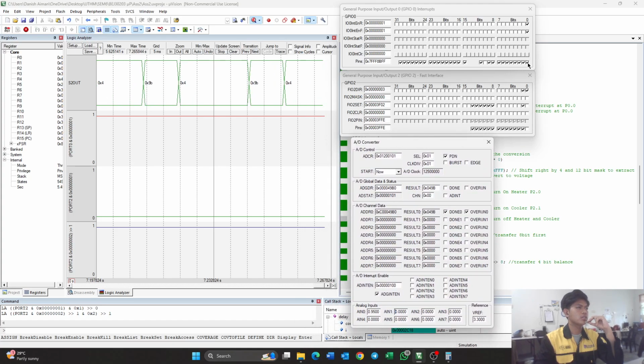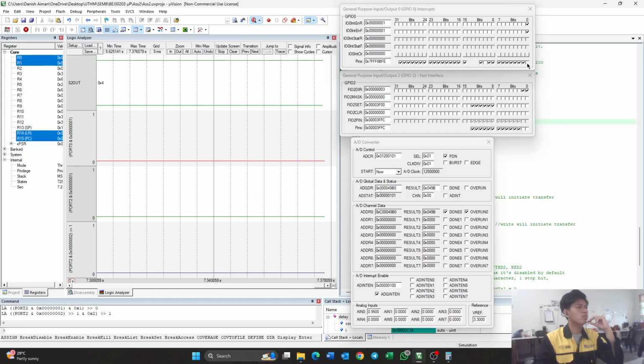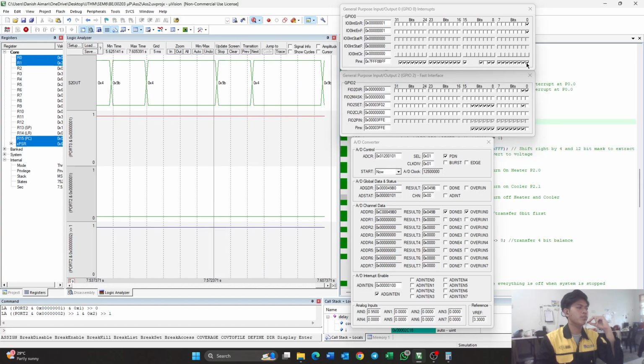When we press the interrupt, it will turn off the cooler, and turn it back on when we press the interrupt again. This is the data that we send at the UART, where the first data is 4 and the next data is 9B, which is the same as the analog to digital converter. This is the proof that the data is the same as what we send.